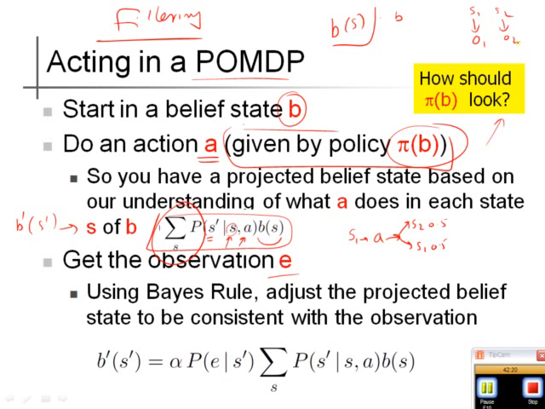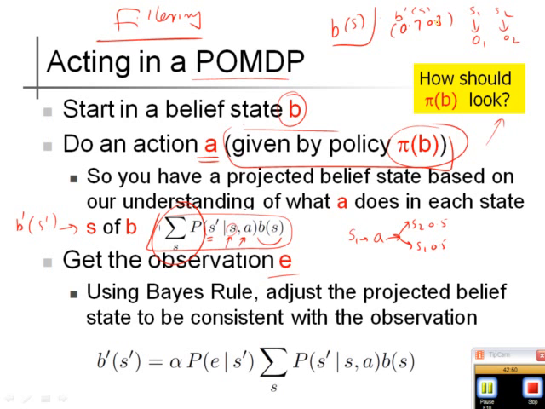So now my B dash of S is, let's say, 0.7, 0.3. That is, after having done my actions, I've decided that I must be in state S1 with 0.7 probability, and state S2 with 0.3 probability.